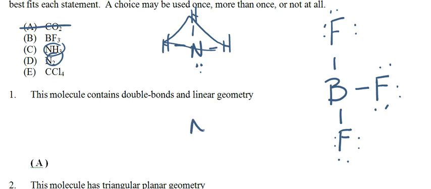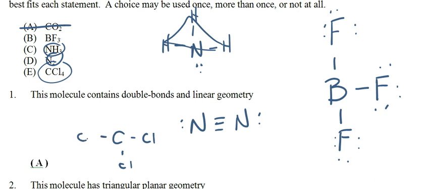Nitrogen, although it is only 2 atoms, forms a linear shape. 2 points form a straight line. And carbon tetrachloride, CCl4, is going to be tetrahedral as well because, again, carbon always wants to have 4 bonds. Alright, so number 2 should be letter B.